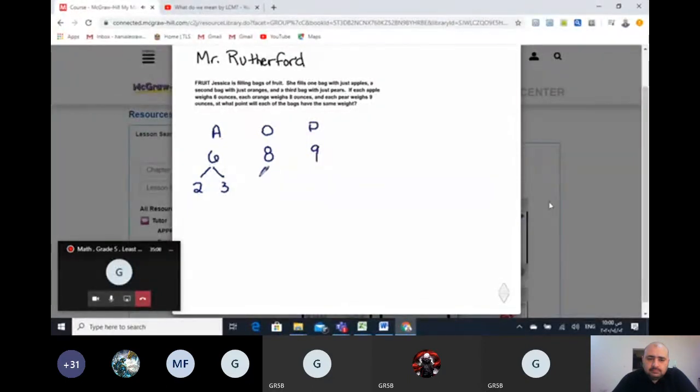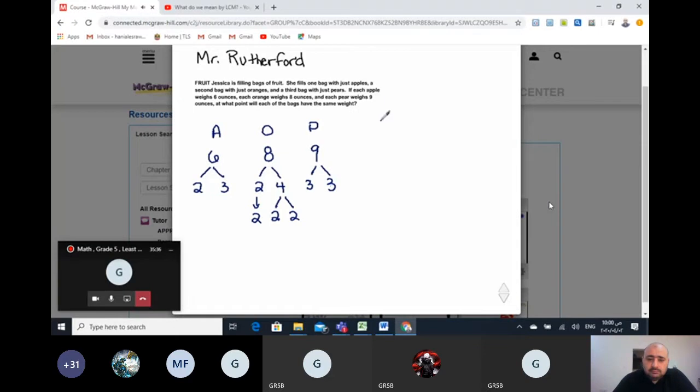Next we have 8. Well, for 8 we have 2 times 4, but 4 is not prime, so we can use 2 and 2, and we can just bring down the first 2. And finally, with 9, we have 3 times 3.